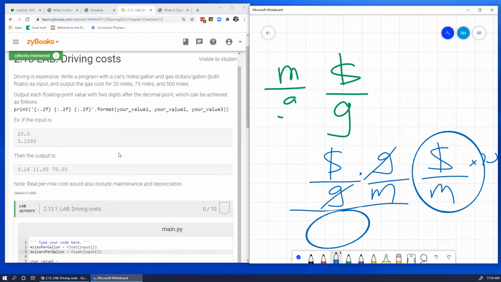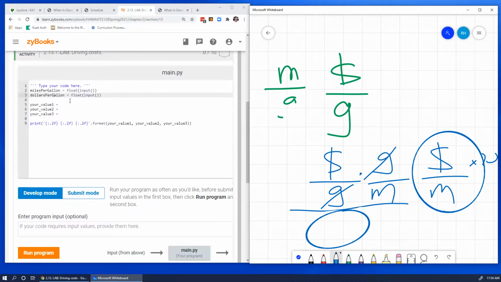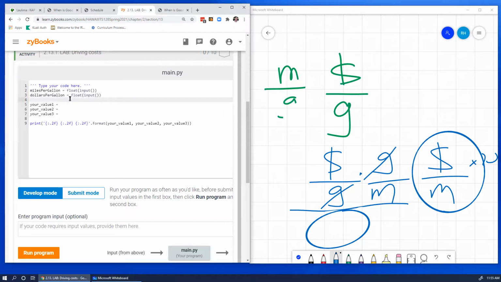So what does that mean? Let's go down here, and I'm going to first compute some value. I'm going to compute dollars per mile.